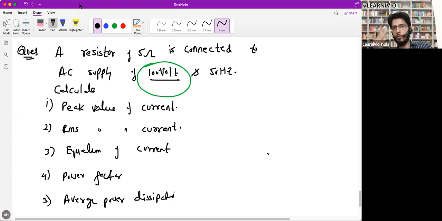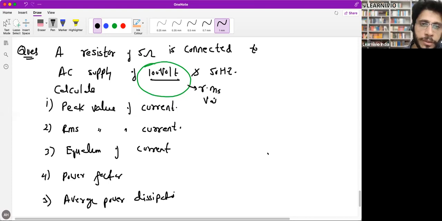And usually in home, we get 220 volt AC. 220 volt AC means that 220 volt is the RMS value of AC. If you buy some iron from the market, over the iron it's written that this iron is of 200 volt. Then that 200 volt is the RMS value. So if nothing is mentioned, then this is the RMS value.